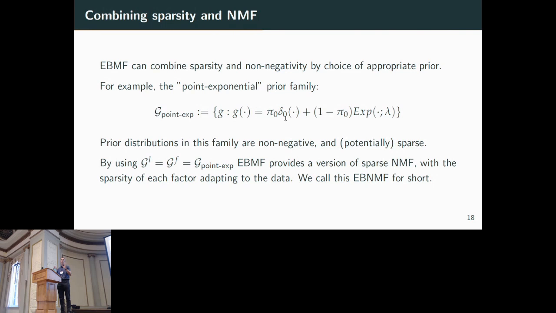It's sometimes called a spike and slab, where the spike is at zero and the slab here is an exponential. So prior distributions in this family are non-negative and potentially sparse, and this provides us with a version of matrix factorization that's non-negative and sparse, and we call it empirical Bayes non-negative matrix factorization.